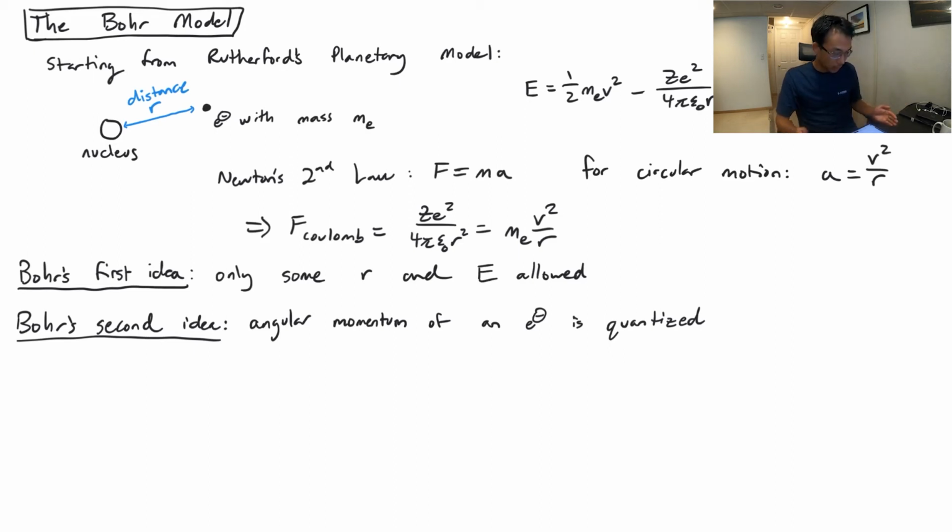Based on those two ideas, Bohr did a little bit of math. He started off by taking angular momentum, and that's the equation. We're not deriving any of this ourselves, just seeing the process that was gone through. If the momentum L is equal to mass times velocity times distance, then after plugging some things in, that is equal to nh over 2 pi.